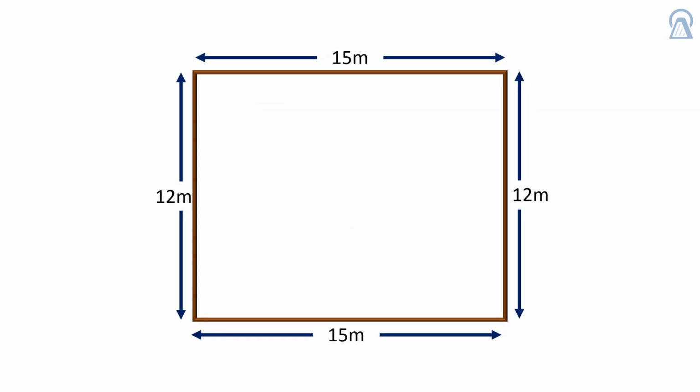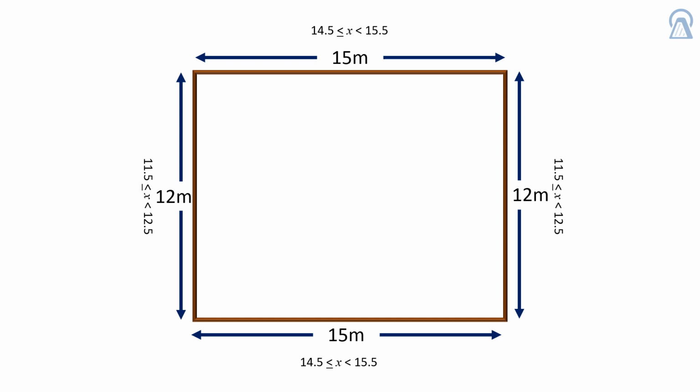If each of these lengths was measured to the nearest meter, what is the upper bound of the perimeter? The length measured to 12 meters has a minimum length of 11.5 meters and a maximum of 12.5 meters. The width of 15 meters has a minimum length of 14.5 meters and a maximum of 15.5 meters.